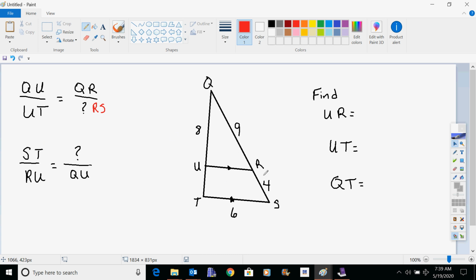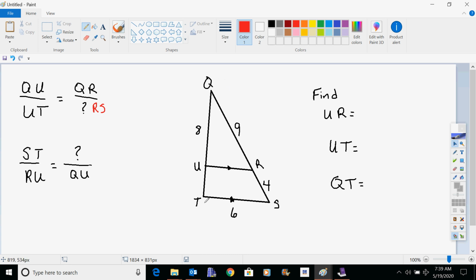ST goes with RU. Wait a minute, that doesn't have anything to do with the sides. No, it doesn't. So think about the similar triangles here. ST and RU are sides of the two different triangles, the big triangle and the little triangle.